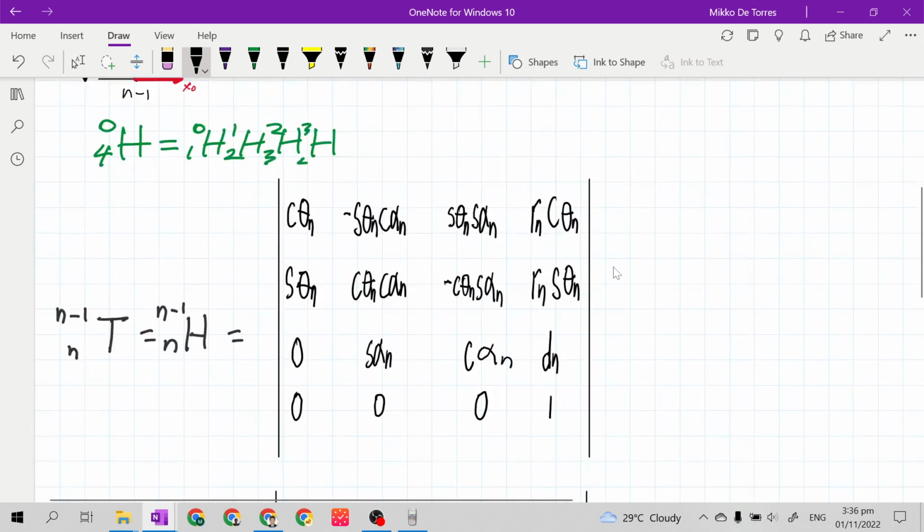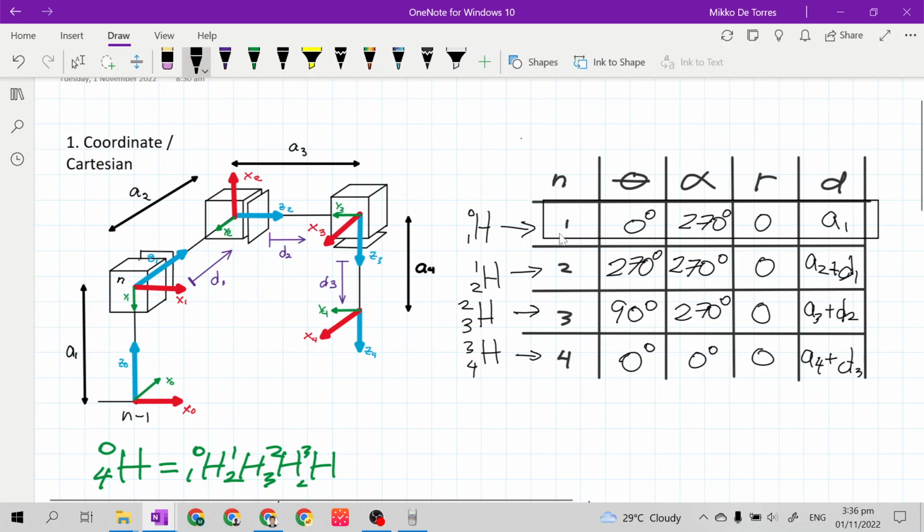So, we will get theta 1 here. Theta 1 is equal to 0 degrees. Why? Because this is the first row.